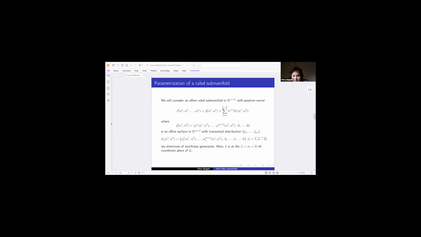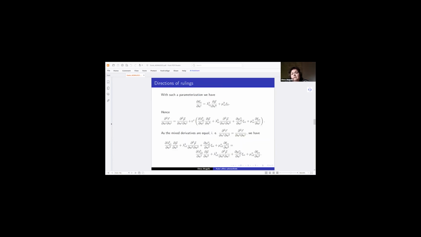We can see from such a parameterization that if we take the first derivative of A_i, it will be split: we have a projection on the plane and on the transversal space, with coefficients lambda and mu. Because the mixed derivatives are equal, we have such a condition of integrability with the position vector.